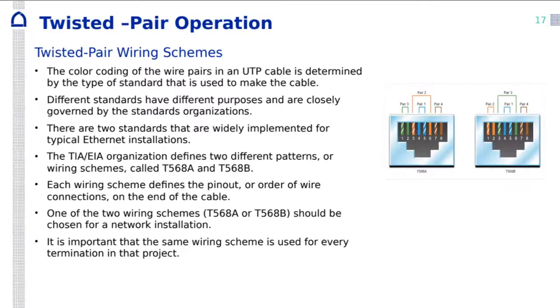Twisted pair wiring schemes. The color coding of the wire pairs in UTP cable is determined by the type of standard that is used to make the cable. There are different standards for cabling and colors. There are two main standards that are widely implemented for Ethernet, from the TIA/EIA organization.